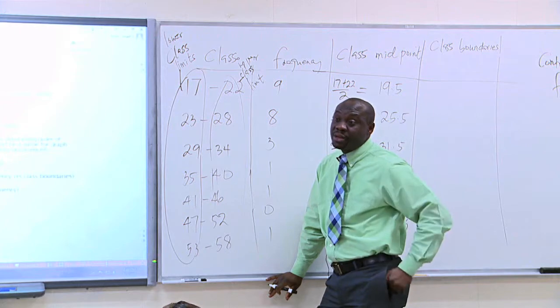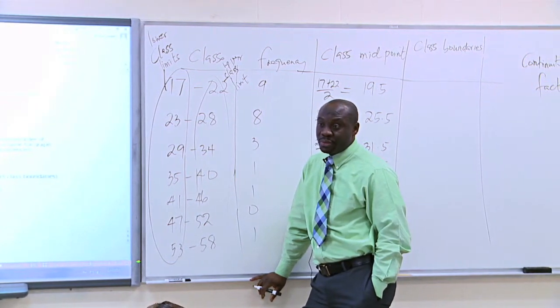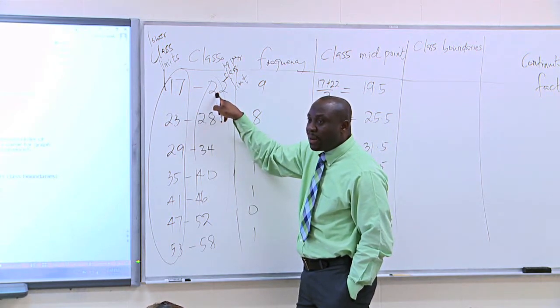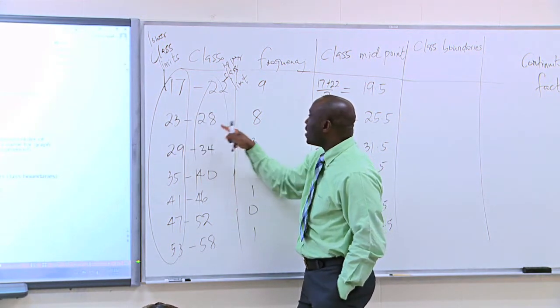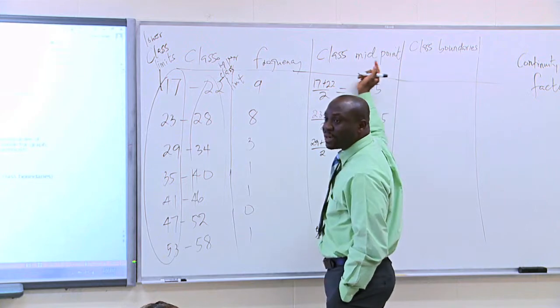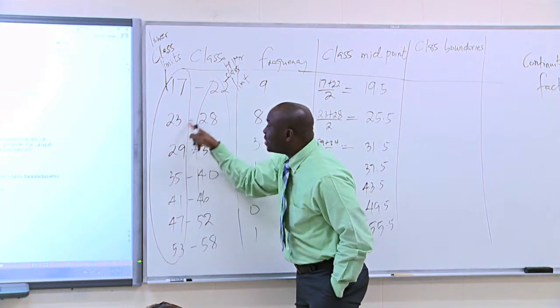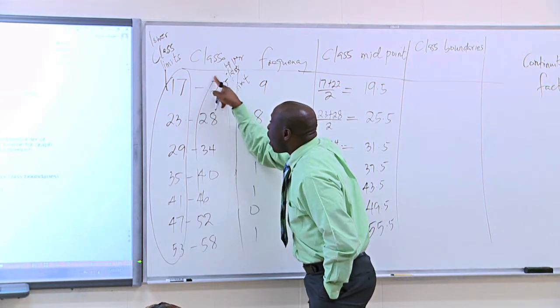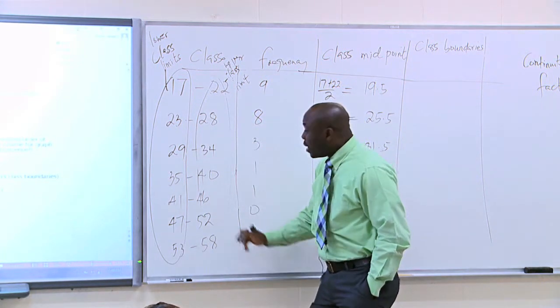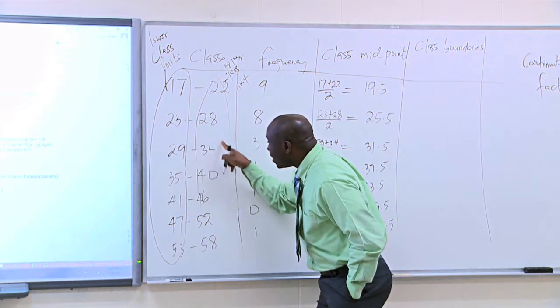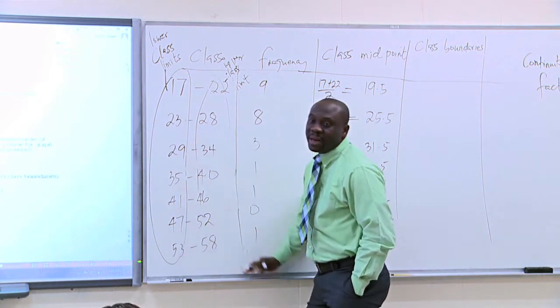It's all dependent on you as to what you want to do. So if you look at the first one, this is the lower limit, this is the upper limit. I want to find the continuity correction factor. What do I need? I need this lower limit and then the preceding upper limit. If another student chooses 35, then you must make sure you use the preceding upper limit.